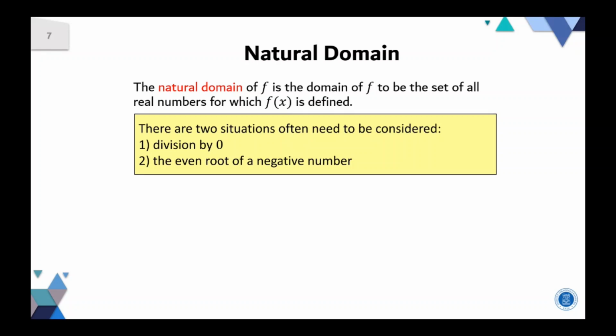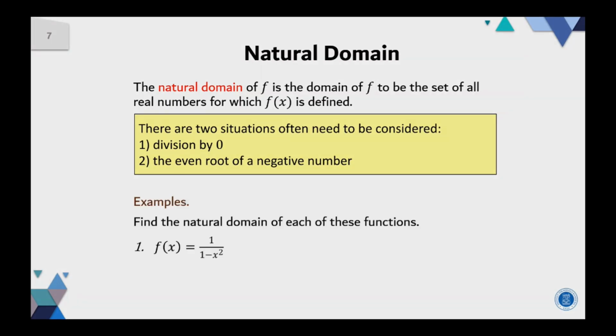Okay, let's see an example. The first example is this function, and you can see that there is a division in this function. So of course we cannot have division by 0. So we have 1 minus x squared should not be equal to 0. And we can factorize this: (1 minus x) times (1 plus x) should not be equal to 0.